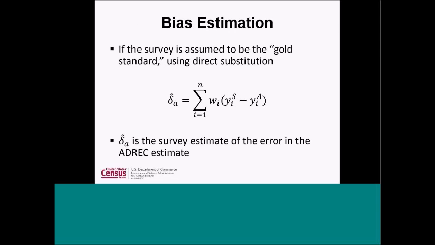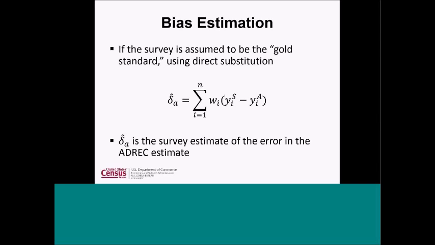If we're using a direct substitution and we make a strong assumption that the survey is the gold standard, then we can use the weighted sum of the residuals to calculate that delta.